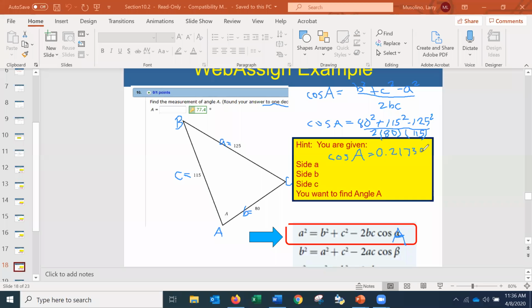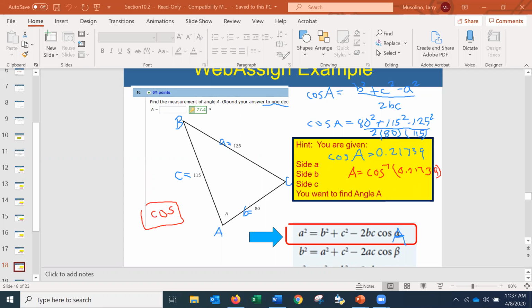All right, so I know cosine A is equal to this messy decimal, but I need angle A. So I'm going to take the inverse cosine of both sides. So angle A is going to be inverse cosine of this messy decimal. And remember on your calculator, this inverse cosine function is usually right above the cosine button.